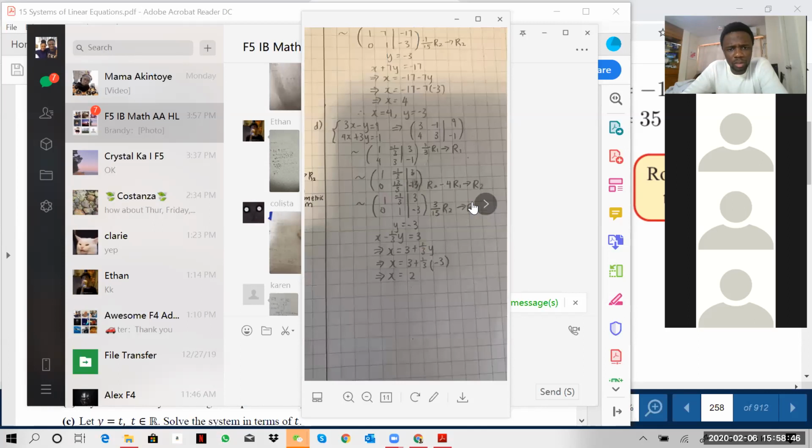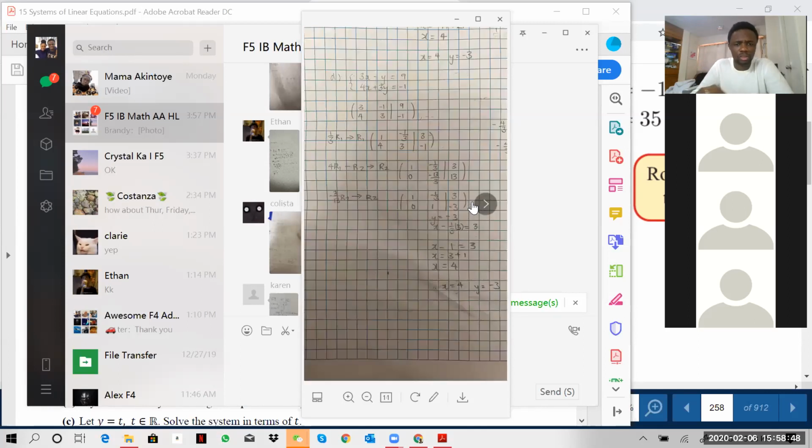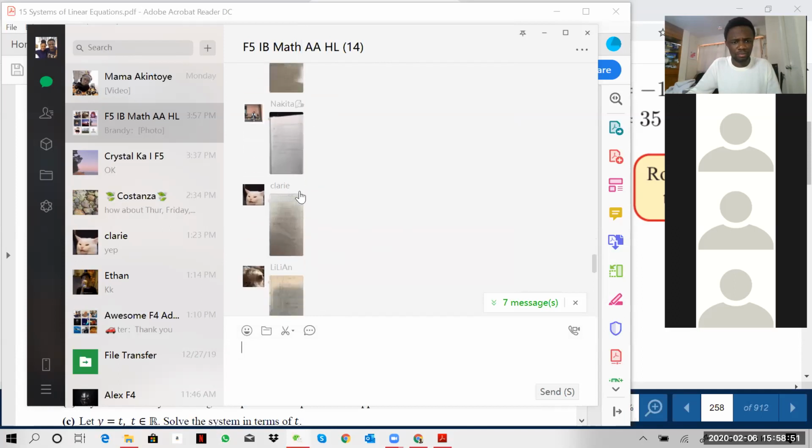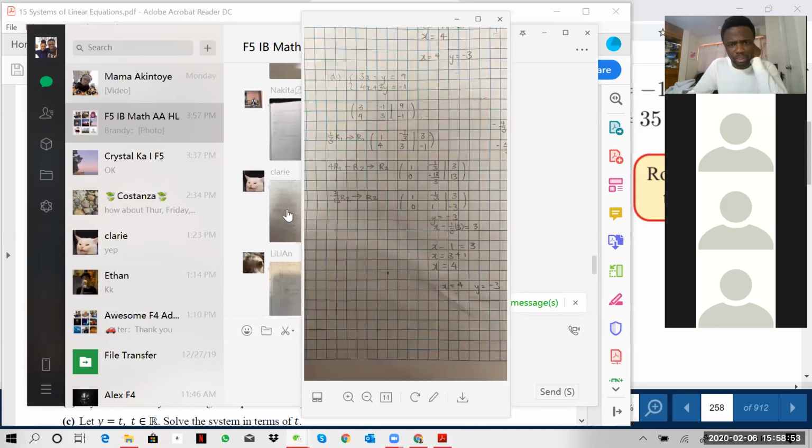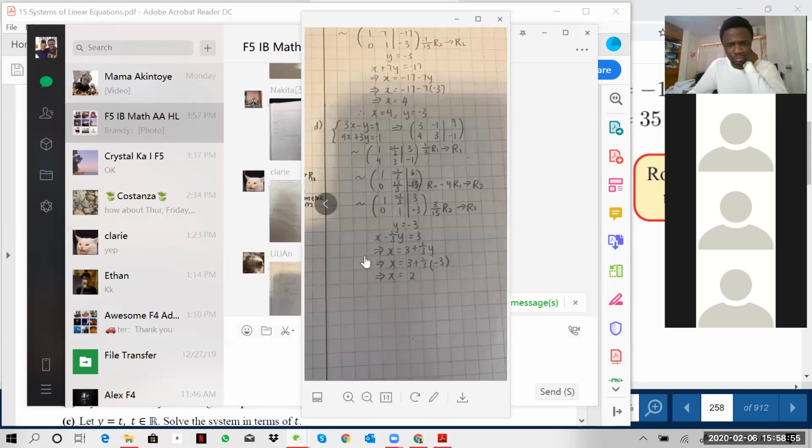Okay, someone else got x is equal to 2 also. Who is this? Let's see. We might have to do it together if we are getting conflicting results. Lillian got x is equal to 2 as well. Others are getting 4 as x, but y remains minus 3.